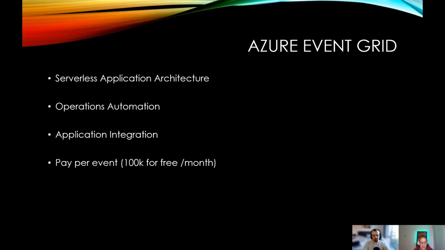So a couple of other examples here, running an overall serverless application. Event Grid is just another Azure service where you don't have to manage the backend. There's no virtual machines to manage, to patch, no high availability you need to worry about. It's all coming out of the box.